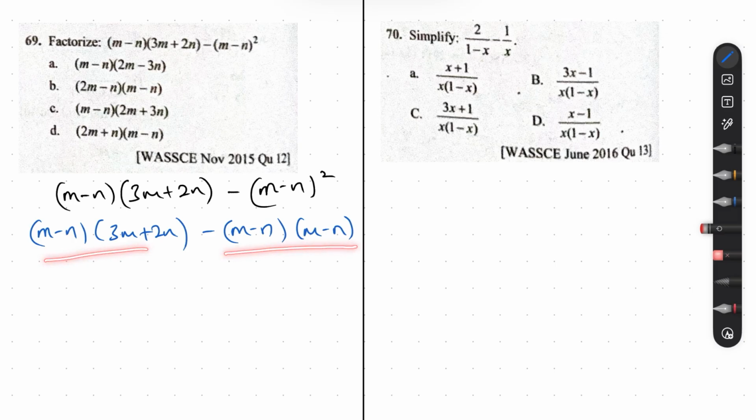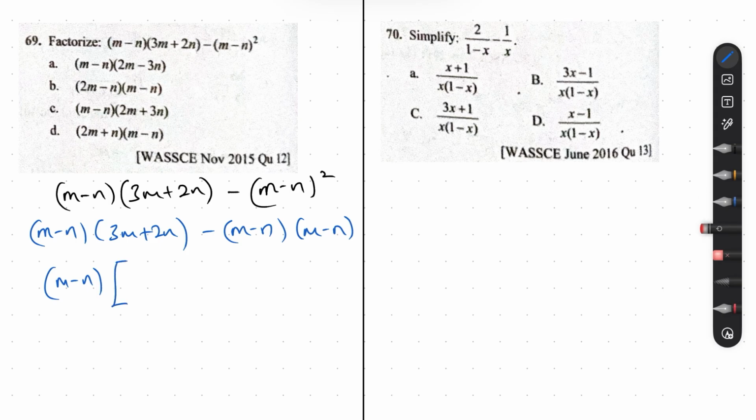Okay, cool. So now that we've expanded, what is common between these two terms? This one term, this another term. What is common between them? m minus n is common. Okay, so we can factor m minus n out. So let's factor that out. m minus n in one bracket, then we bring a big square bracket.